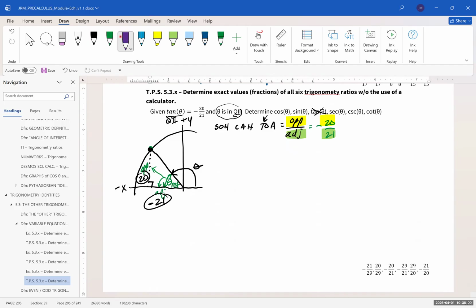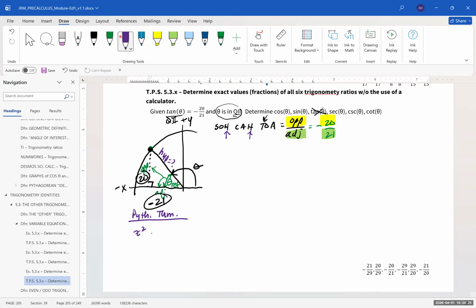The side that we're missing is the hypotenuse. And we need the hypotenuse so we can get sine and cosine later. For this, we're going to use the Pythagorean theorem, which, instead of a and b, I'm going to use x and y.